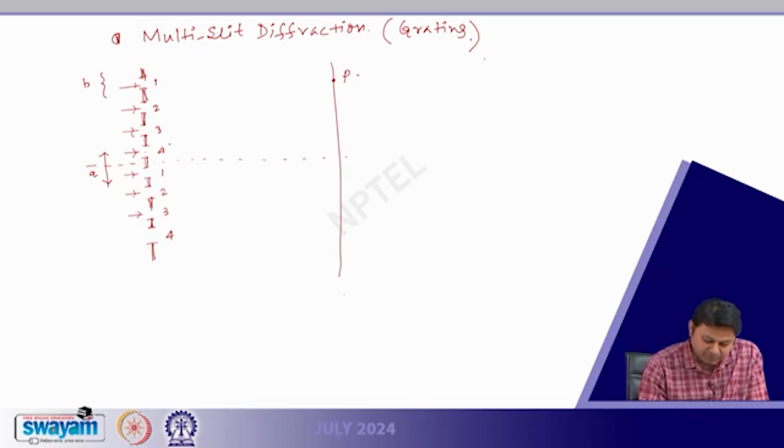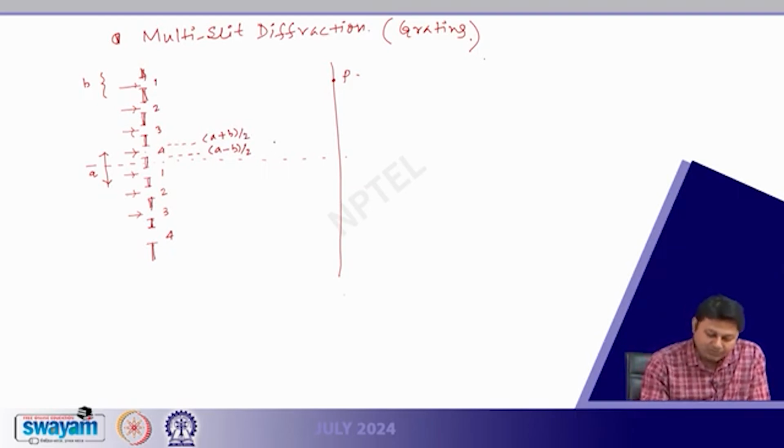The first coordinate of this point is A minus B by 2, like the earlier case. What should be the next one? It is A plus B by 2, like double slits.